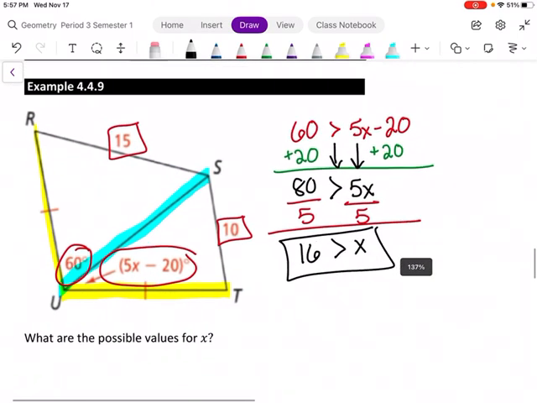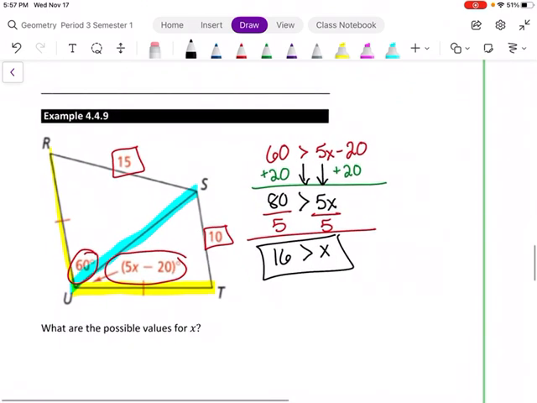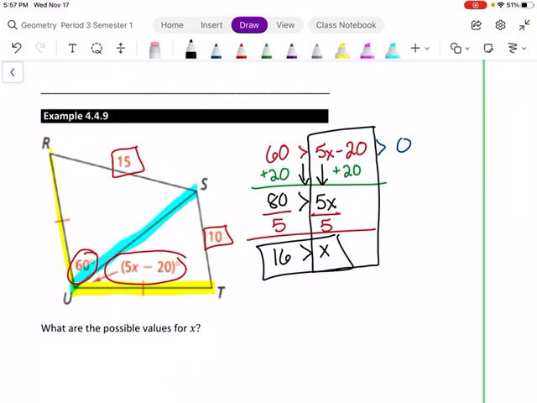One other part of this is it also has to be greater than 0 because we can't have a negative side length. So anything that we did in this middle column of our problem, we are also going to do on our right side.